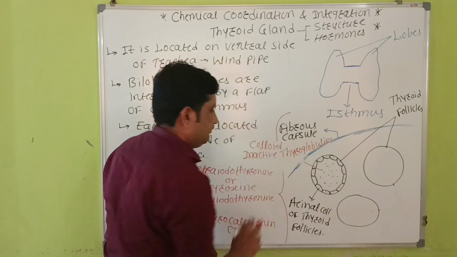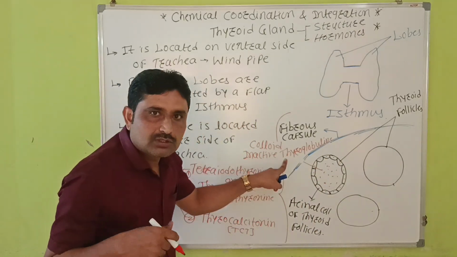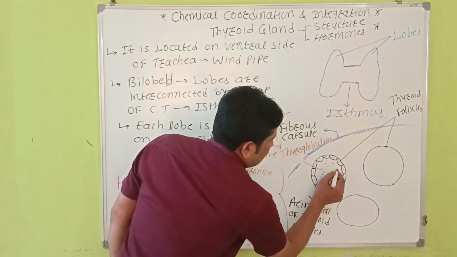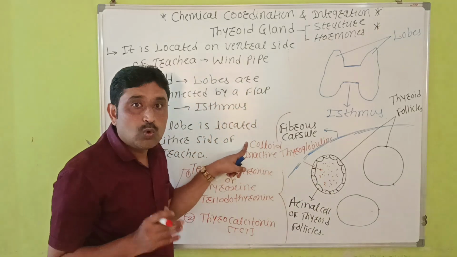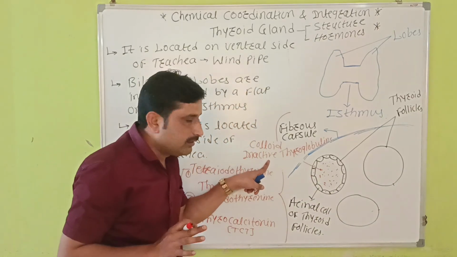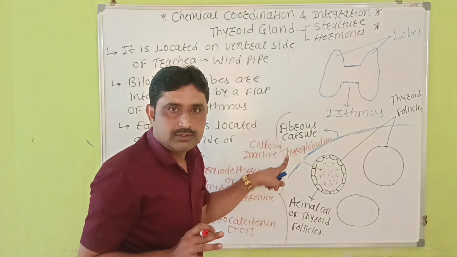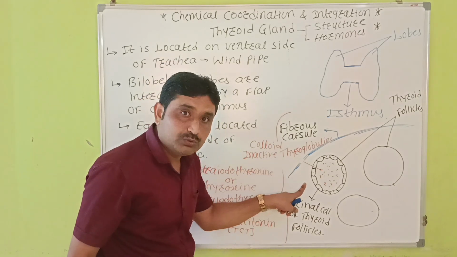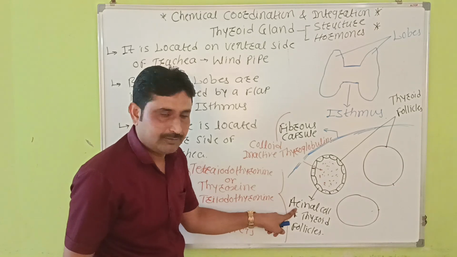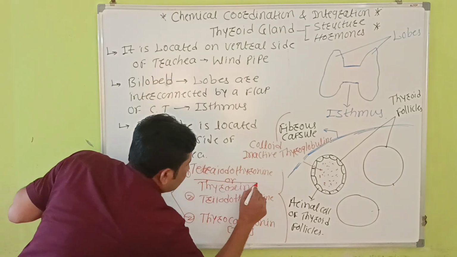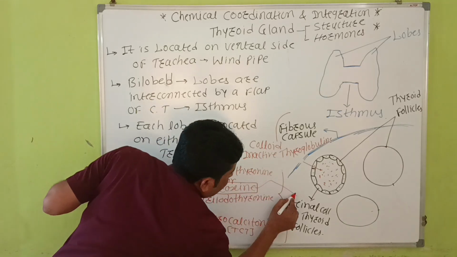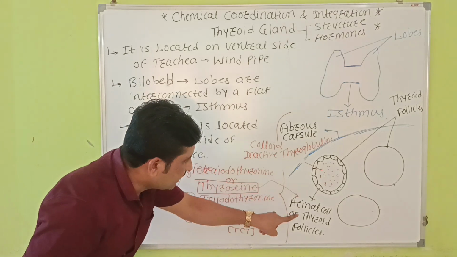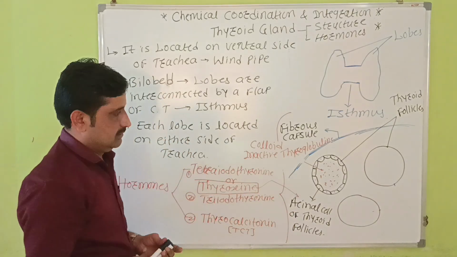When needed, the inactive thyroglobulin is converted into active thyroxine by acinal cells. So the hormone thyroxine is produced by the acinal cells of the thyroid follicles. Who makes thyroxine? The acinal cells of the thyroid follicles.